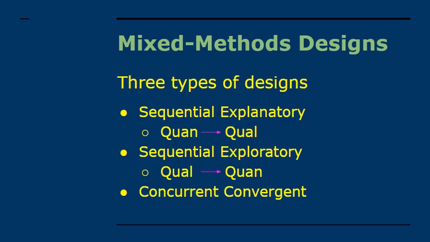And then, as I said, with concurrent convergent designs, the qualitative and quantitative do not inform each other. They are developed side by side and administered often at the same time. So we're not waiting for results from one aspect of the study to inform the next aspect of the study.